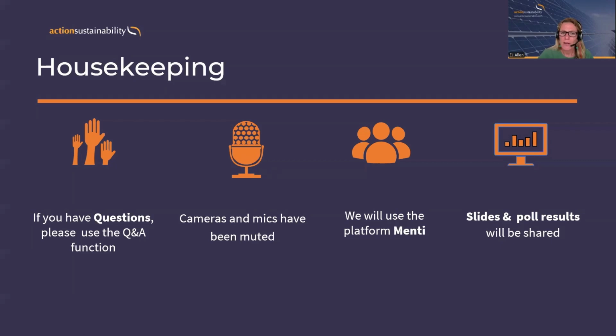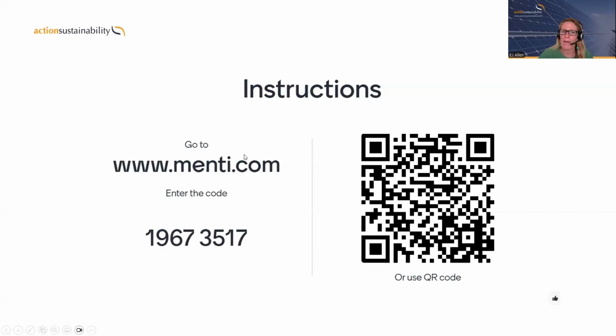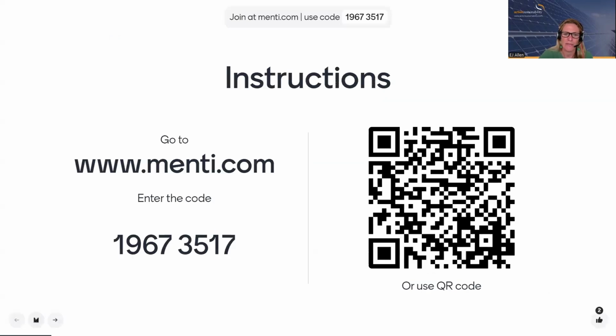I want to start by finding out a bit more about the types of organisations we've got here today. So if you could all grab your phones, or if you've got two screens on the go, either go to menti.com and pop in the code or just scan the QR code there. Okay, I'll just let you do that for a second. I can see the number of you as and when you join. We've got 5 of you at the moment, so I'm just going to hang on for more of you to join.